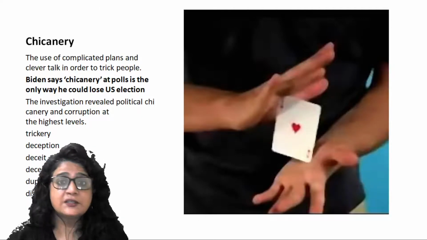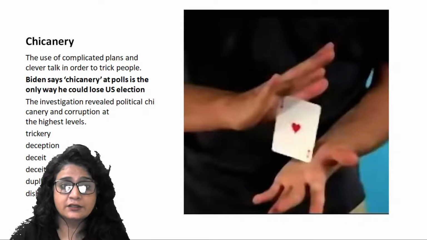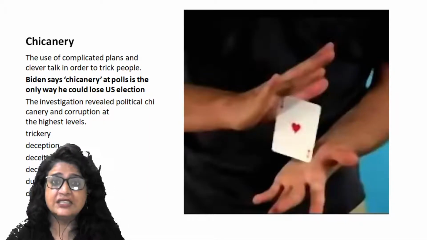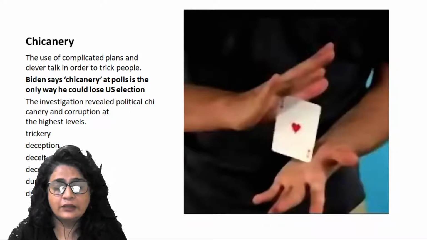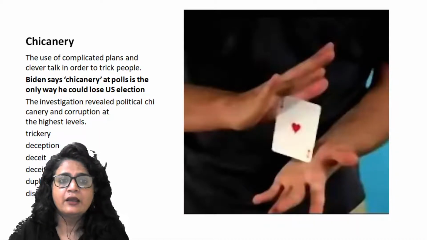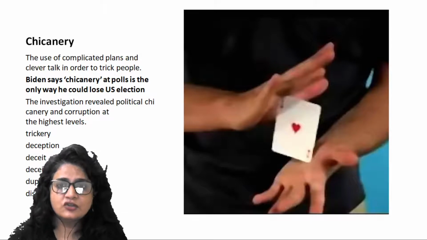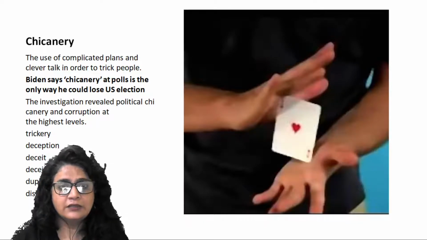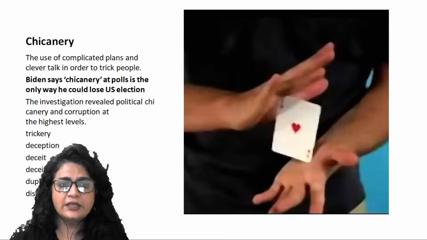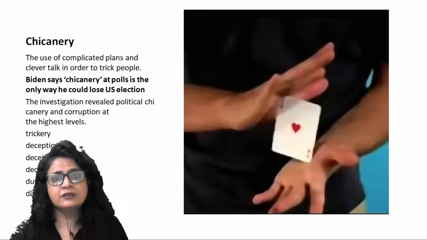Right? So these politicians were not honest. They did something deceitful, and that was revealed by the investigation. Alright? So chicanery is trickery, deception, or deceitfulness. Trickery, deceit, duplicity, dishonesty.